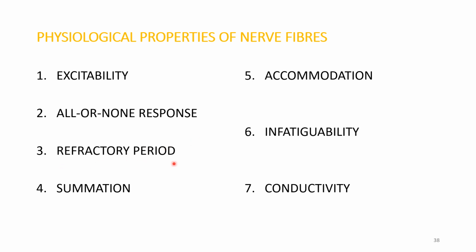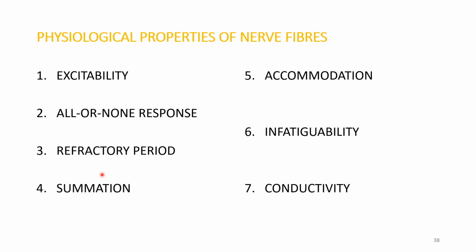Coming to the refractory period. When a nerve fiber is stimulated by 2 successive stimuli of more than threshold intensity, it responds to the first stimulus and it cannot respond to the second stimulus. Why? Because it is present in the refractory period.